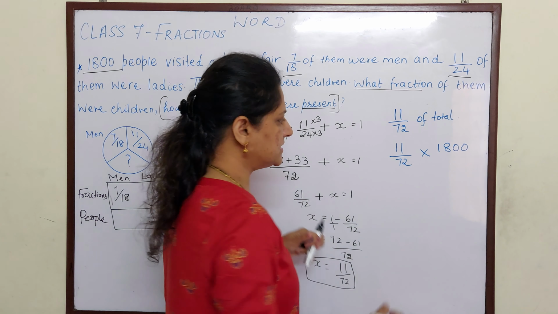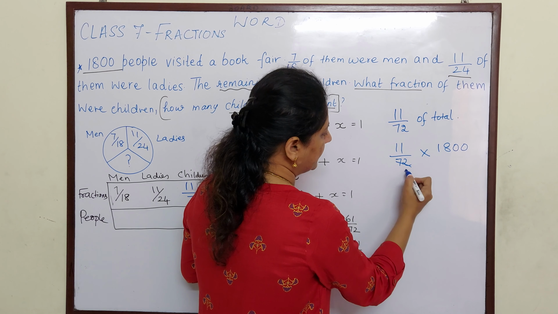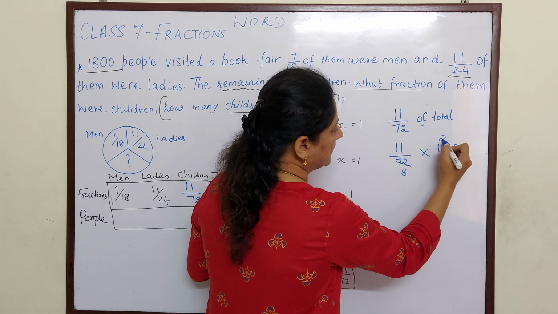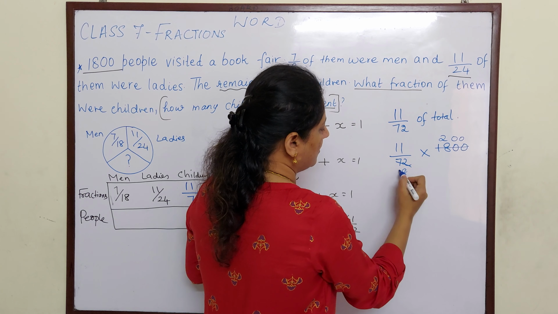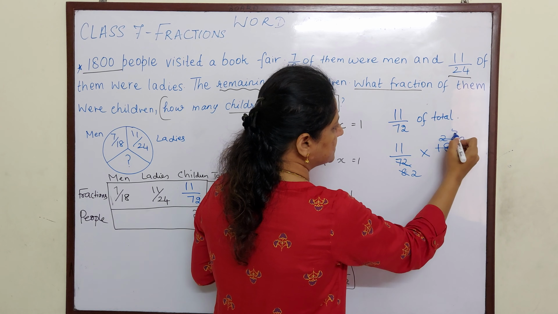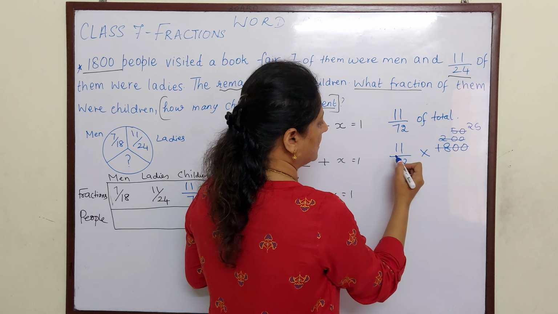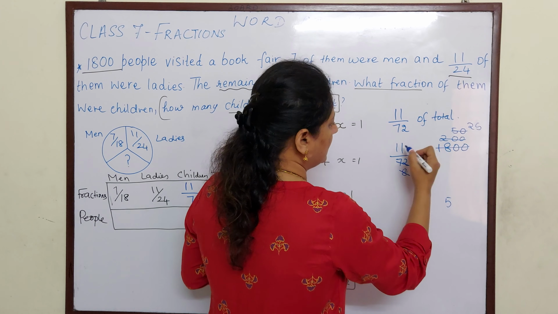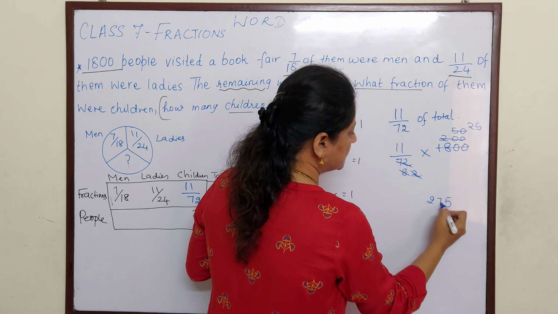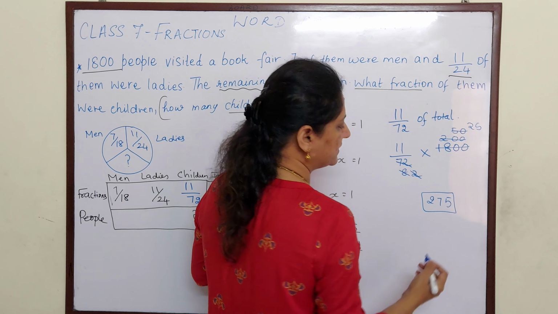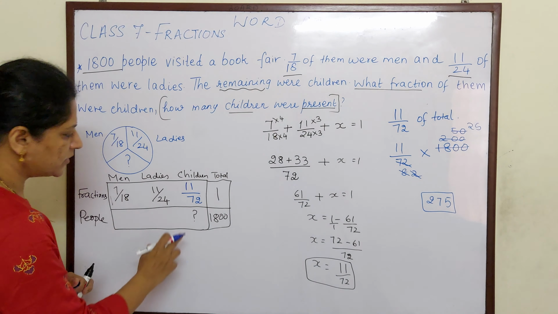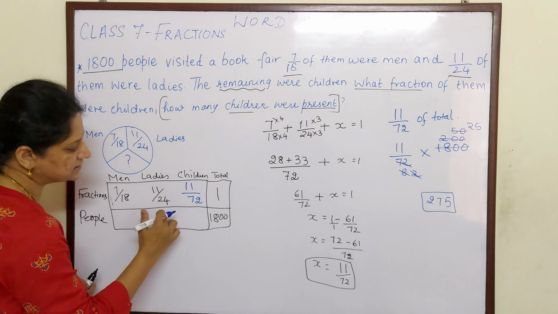Using cancellation, 9 8s are 72, 9 2s are 18, 0. 4 2s are 8, 4 5s are 20, 0. 2 1s are 2. 25 times 11: 11 5s are 55, 11 2s are 22 plus 5 is 27, 275. So the number of children present in the fair is 275.